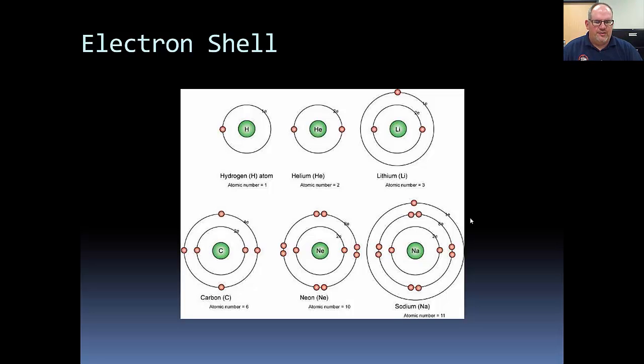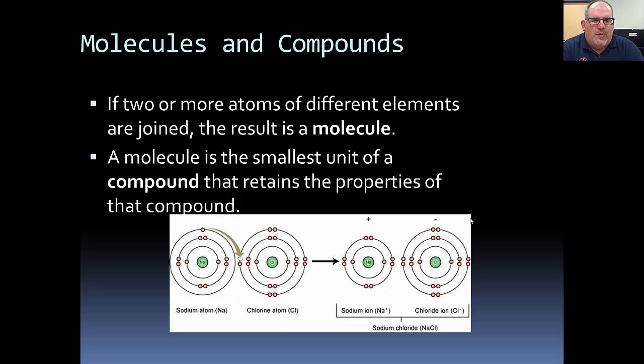gain 7 more electrons. So one thing that we have is molecules, and molecules are where we have 2 or more atoms that are joined together, sharing electrons. And molecules can be made up of 2 different elements, like sodium and chloride down here below. Sometimes you'll have a molecule of sodium, where sodium atoms are sharing electrons between them. A compound is when you put 2 different elements together.